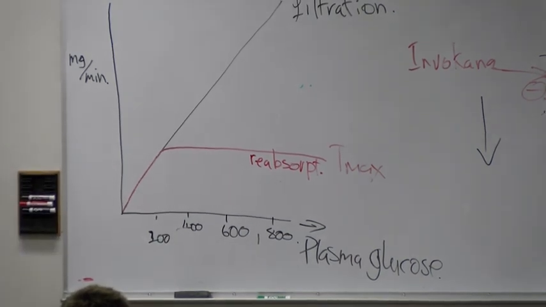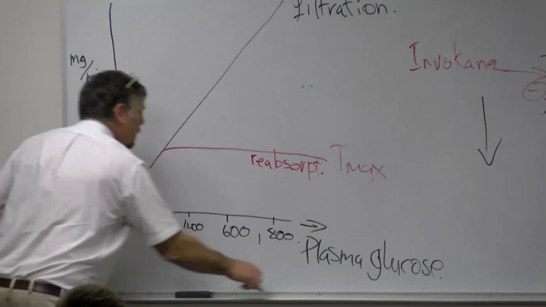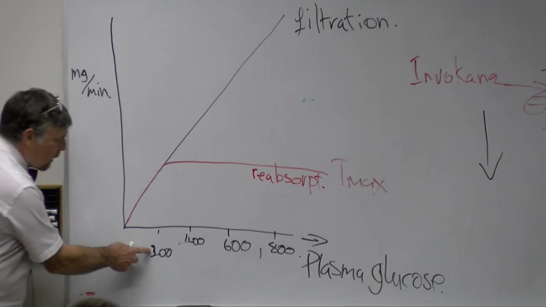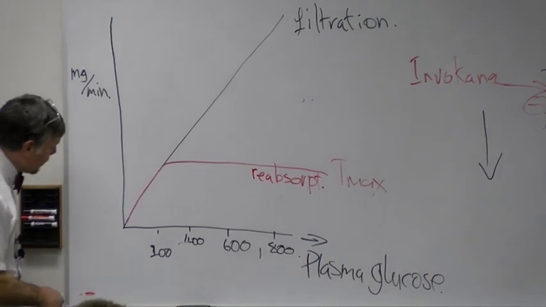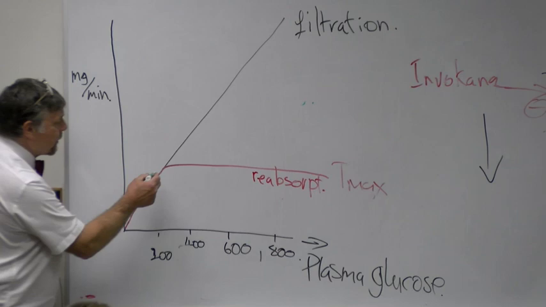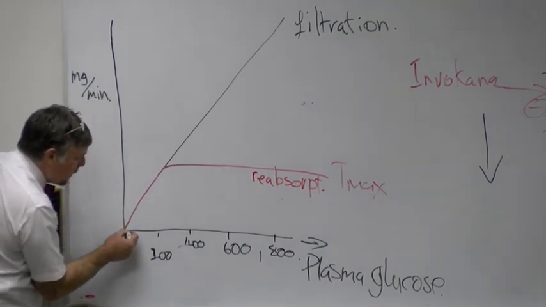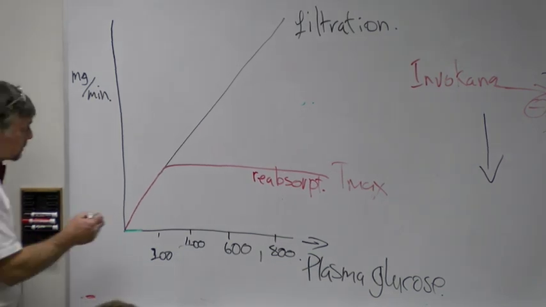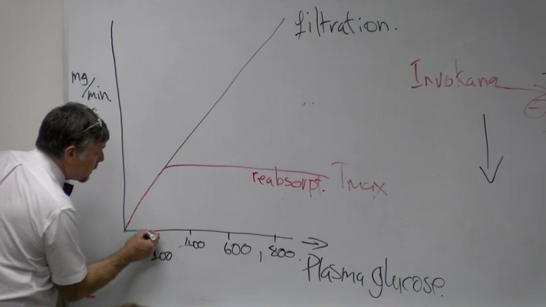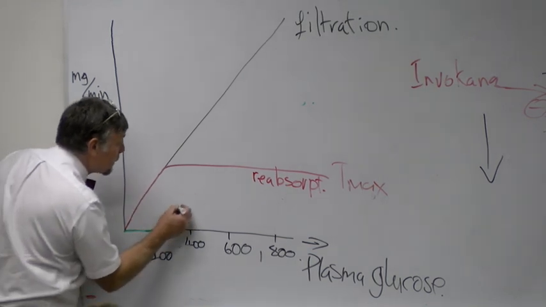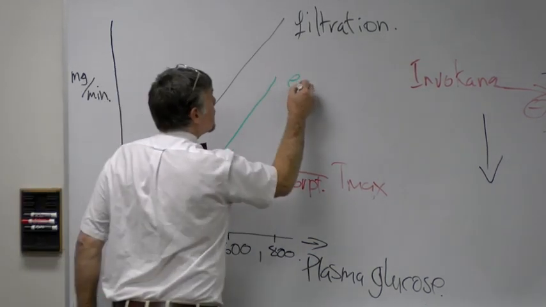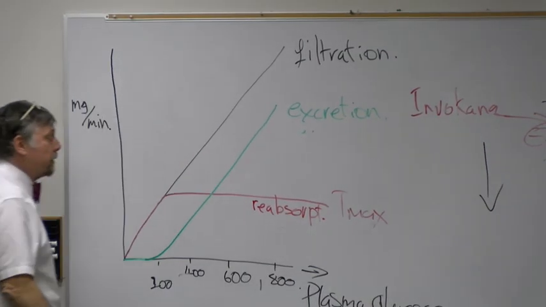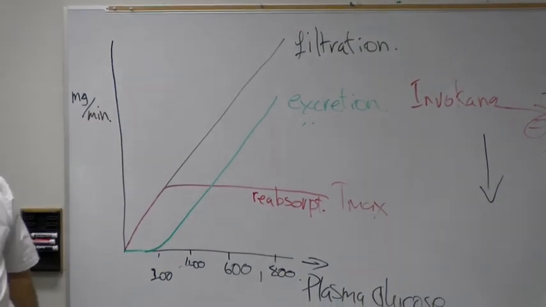So, different color. Under normal circumstances, blood glucose is usually under 100. So if 100% is reabsorbed, then the excretion is 0. However, as you reach Tmax, you get a line that now parallels the filtration line.